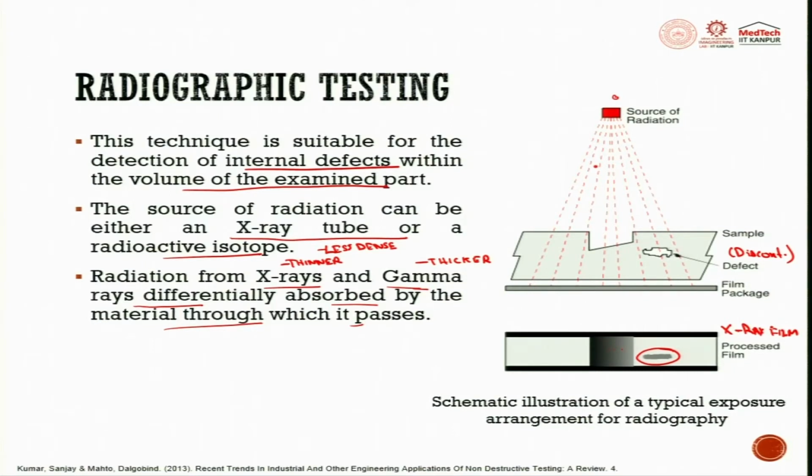So, the end effect of having the darker area shown here tells us that there is a flaw. The area becomes dark in color, and this represents that there is a void or defect in the part. More radiation passes through, causing a darker image on the film or detector. Because more radiation passes, the film here receives more radiation, so this area becomes darker. So, this is the basic principle.